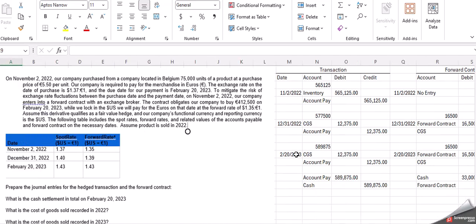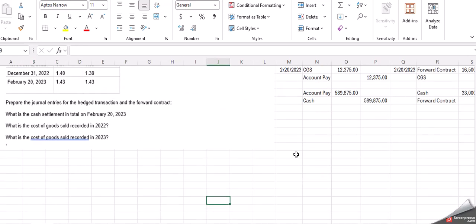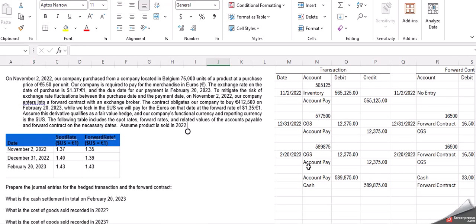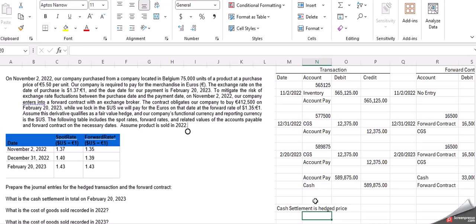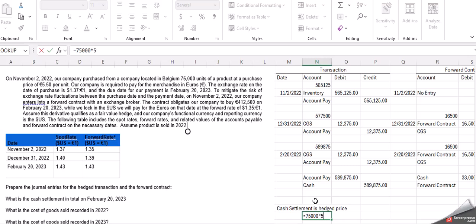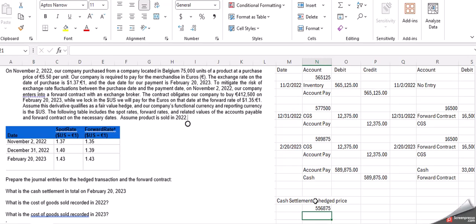But if we go back over here, it asks for your cash settlement. So what I always do is I know my cash settlement is what I hedged it at. So when I go back to that, I hedged it at $1.35. So if I take my 75,000 units times the €5.50 per unit times that hedged price, it's going to be 556,875.